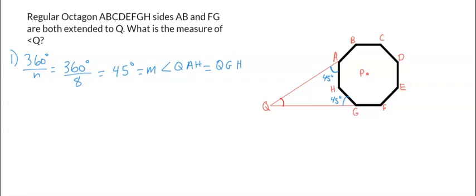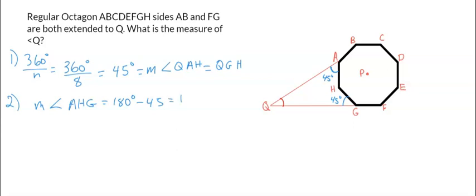Okay. Now each interior angle of a regular polygon is a supplement of each exterior angle. So for this part here, the measure of angle AHG is equal to 180 minus 45. So AHG, which is this part here, we have to subtract that from 45 degrees.